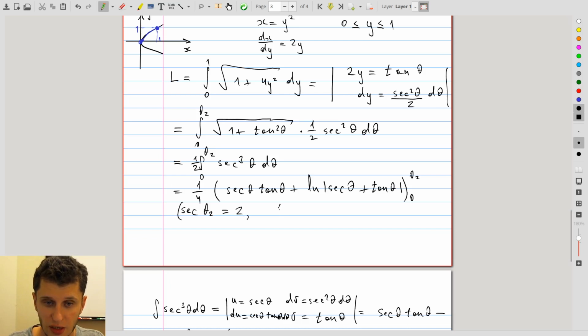And that means that tangent theta 2 is square root of secant squared theta 2 minus 1, right?